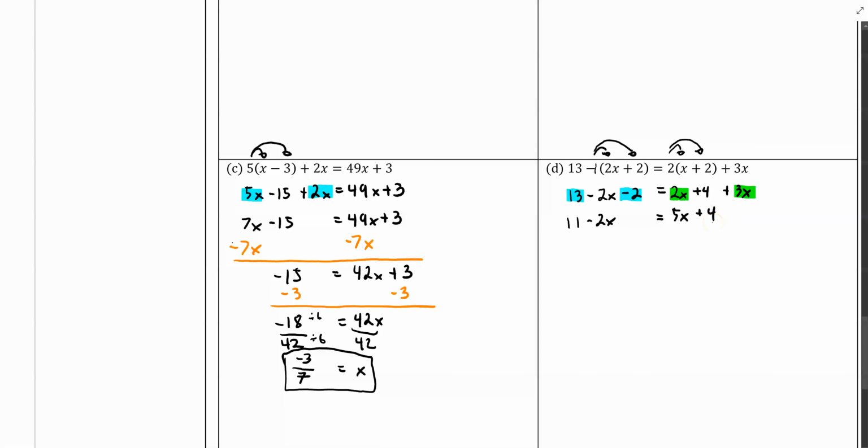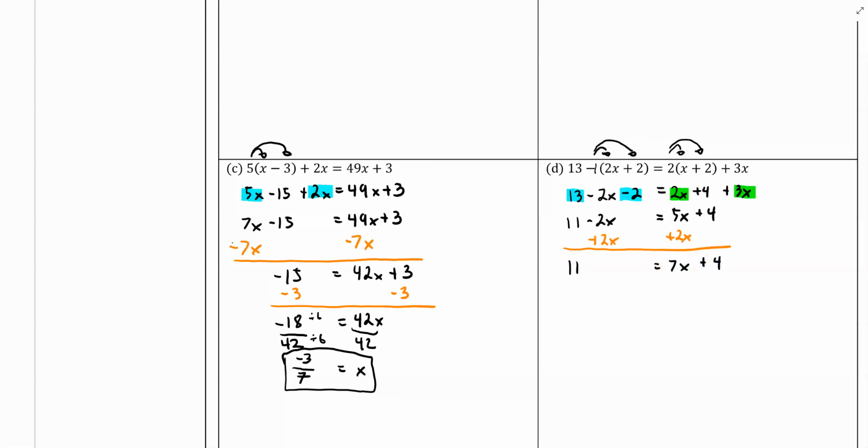From here, kill off the smaller x, which is going to be the negative 2x. So we will add 2x to both sides. Giving us 11 equals 7x plus 4.